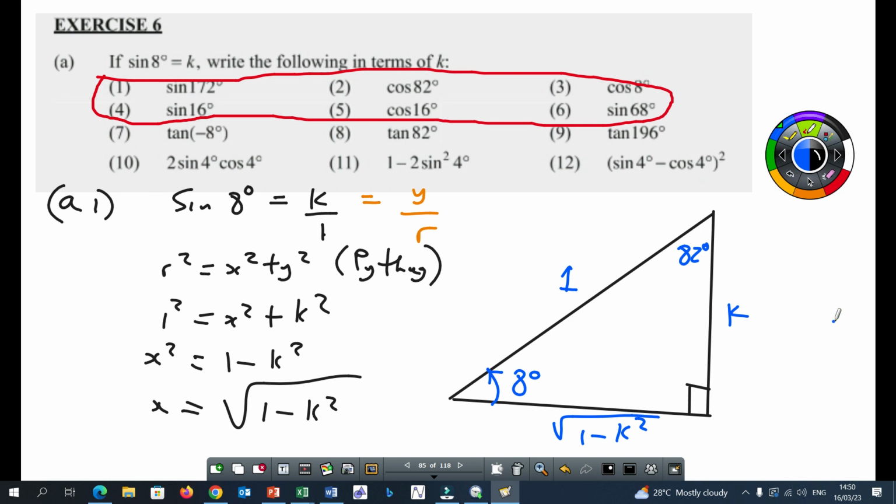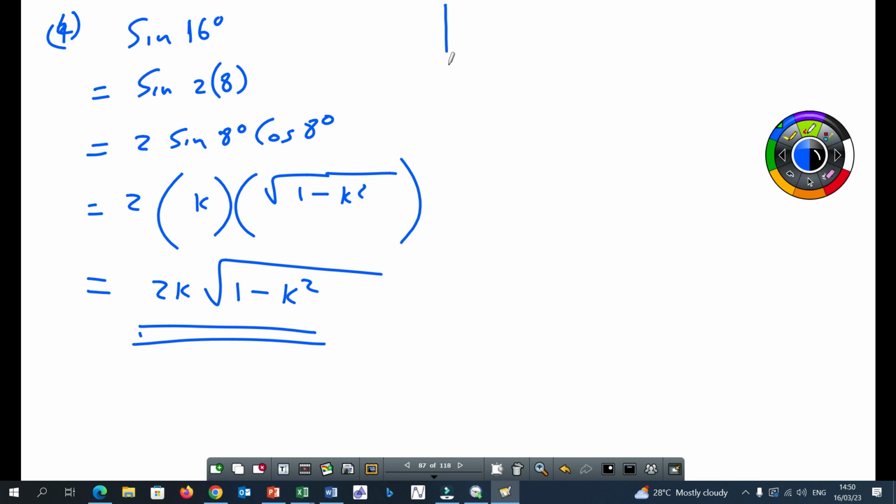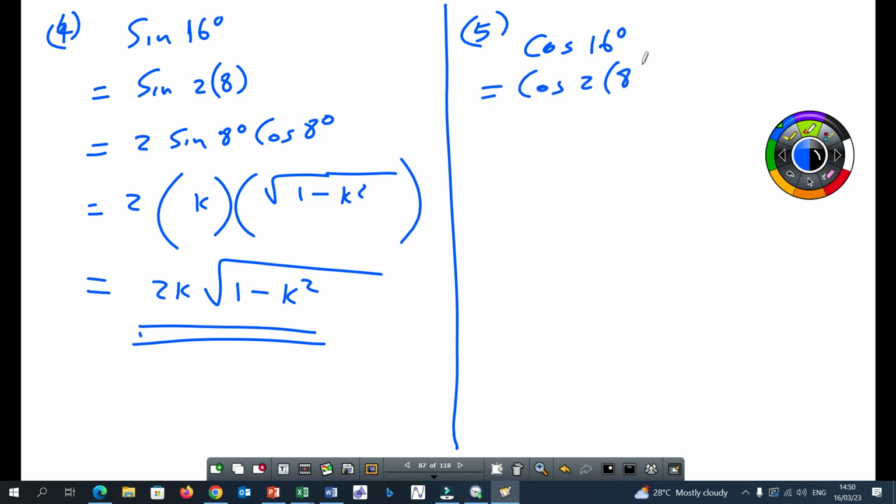Right, so cos 16 is also a double angle. So cos 16 is the same as cos 2 times 8 degrees. Now with cos, you are spoiled for choice here because there are 3 of them.